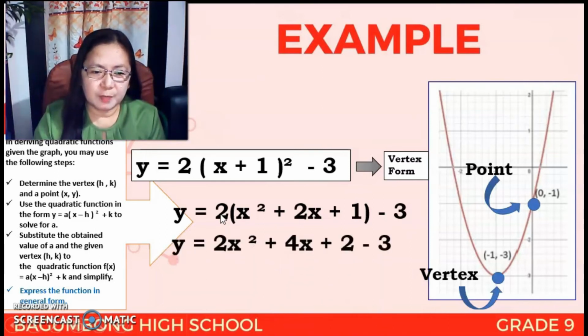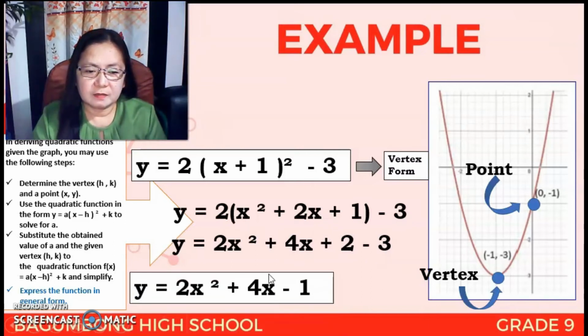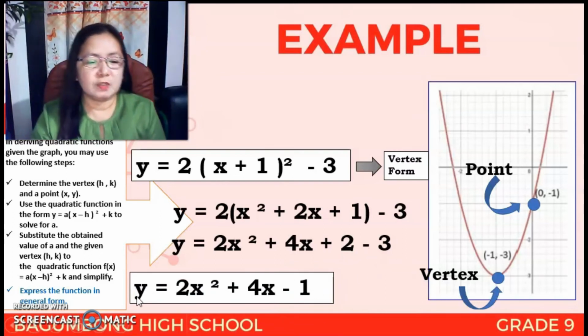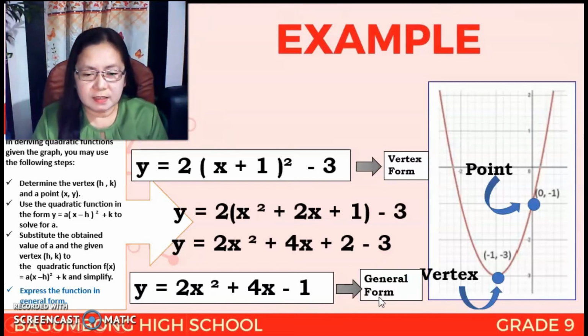Next, multiply 2 to each term of the expression inside the parentheses. 2 times x squared is 2x squared. 2 times 2x is positive 4x. And 2 times 1 is positive 2. Right? Minus 3. Simplify. 2 minus 3 is negative 1. So therefore, the equation is y is equal to 2x squared plus 4x minus 1. This is the general form of the equation.